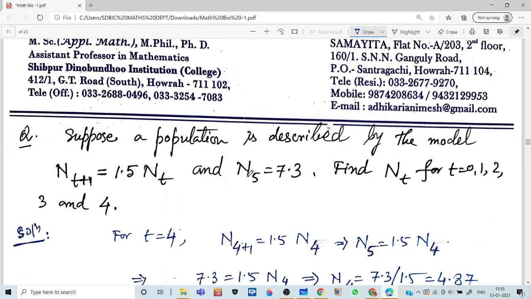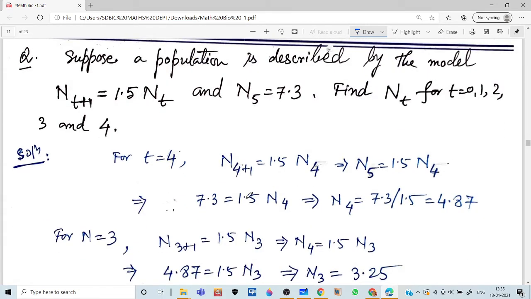Next problem: a population is described by the model Nt plus 1 equal to 1.5 Nt, and N5 equal to 7.3. Find Nt for t equal to 0, 1, 2, 3, 4. It's a simple problem: you have to find the solution of the difference equation Nt plus 1 equal to 1.5 Nt. When t is equal to 4, N5 equals 1.5 N4.